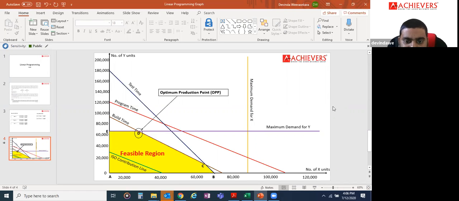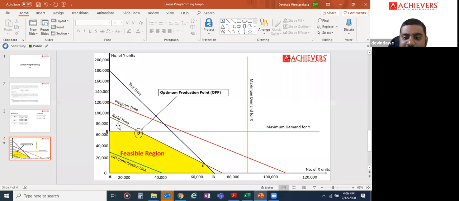At the optimum point, obviously, there will be two constraints intersecting, right? Yes, correct. You have the build constraint and you have the maximum demand for Y constraint, right?